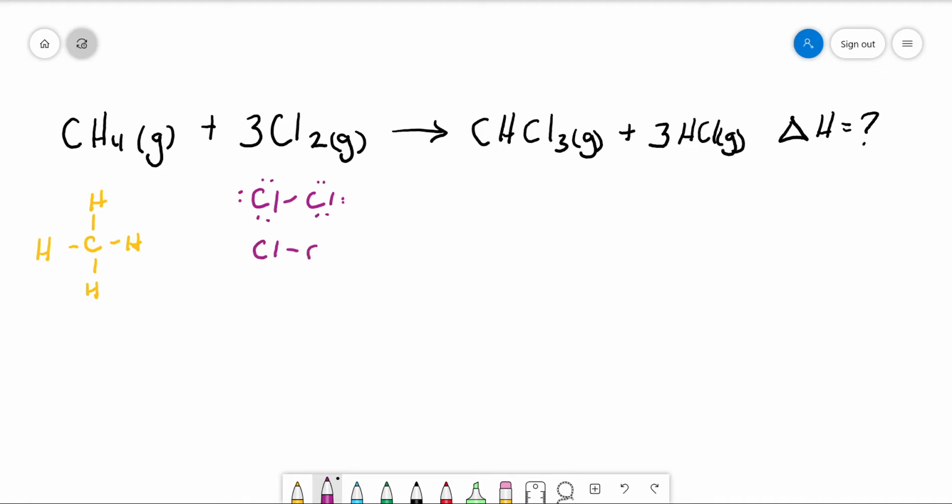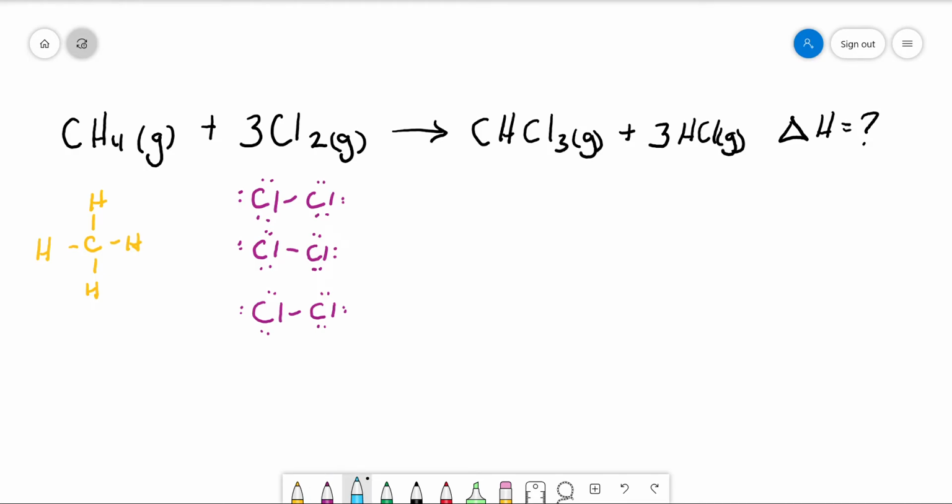And I am going to draw out every single molecule because I don't want to miss one. And you do need to draw out the Lewis structure because if you get the Lewis structure wrong and the wrong type of bond in there, it's not going to work.